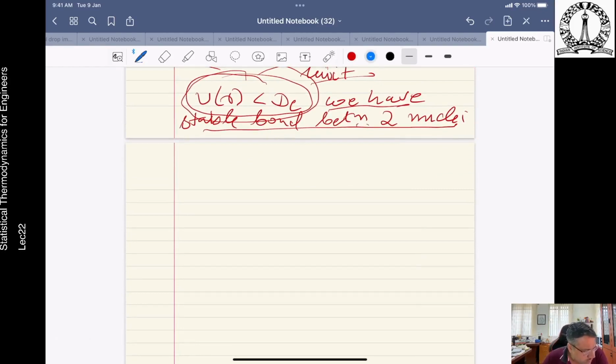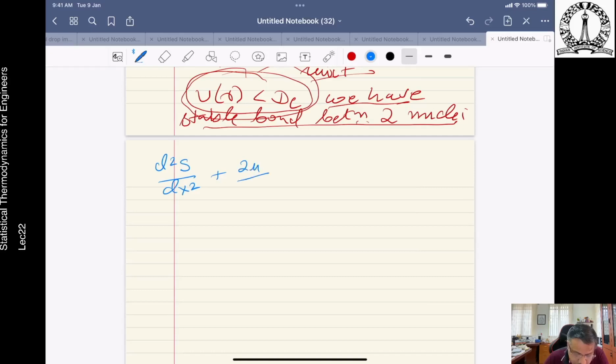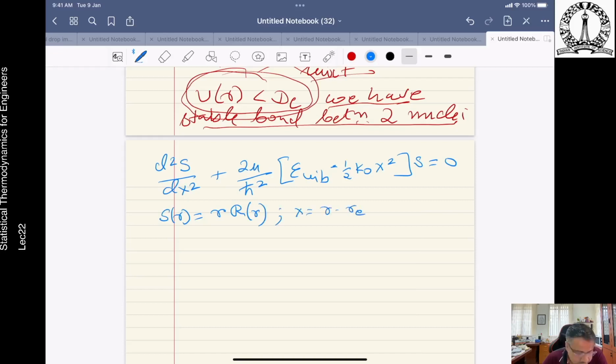So let us now analyze the vibrational mode. This is given as d squared psi by dx squared plus 2 mu over h bar squared times E vibrational minus half k naught x squared times psi equals 0, where psi is a function of R, capital R, and x is R minus Re.